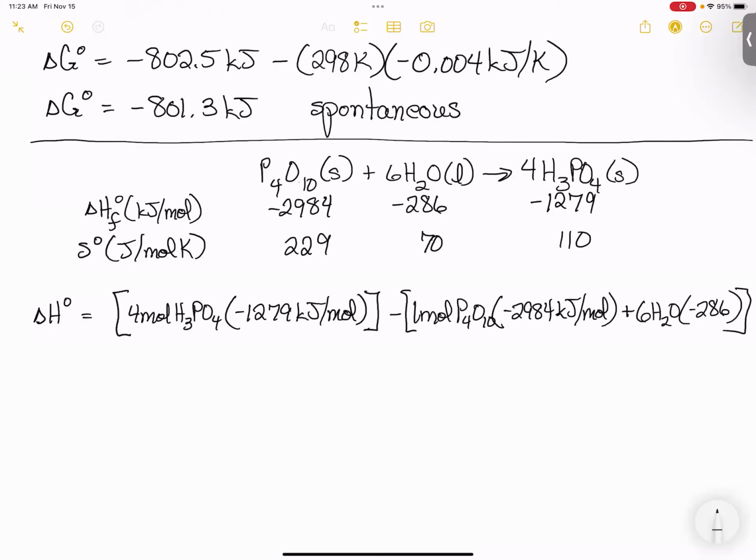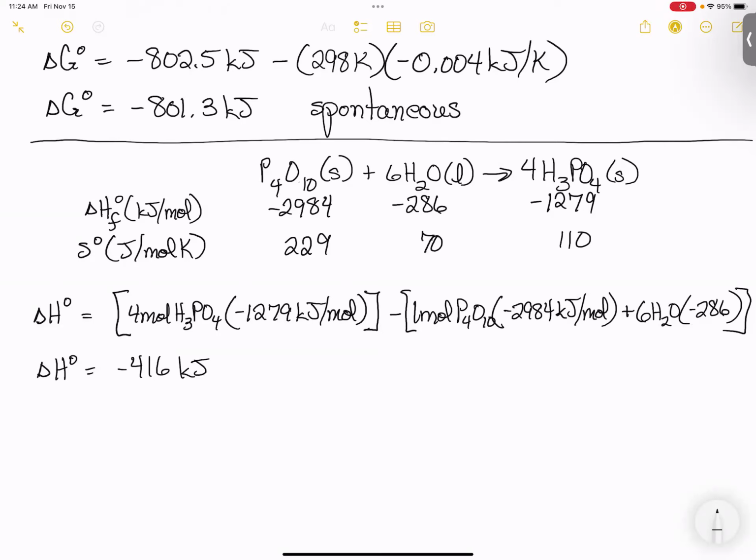So keying that into the calculator, you get a value of negative 416 kilojoules.